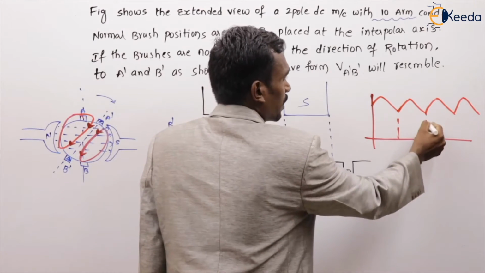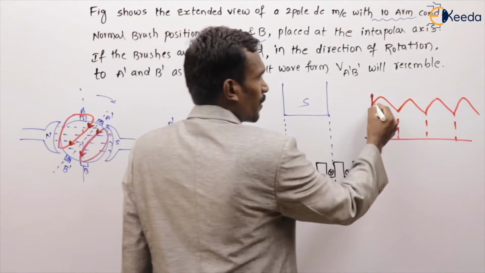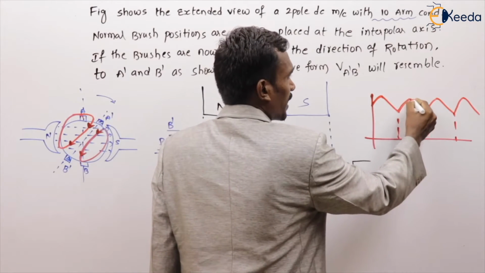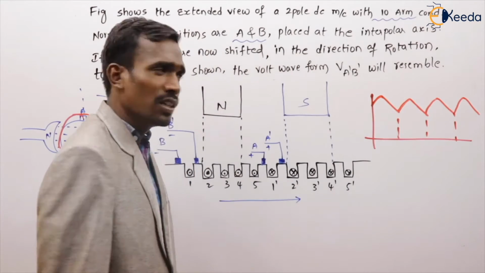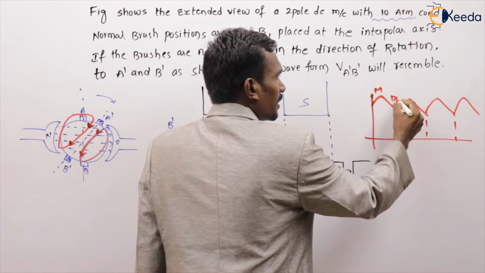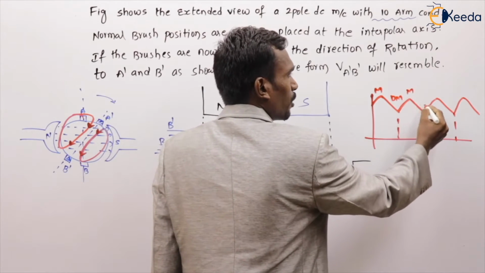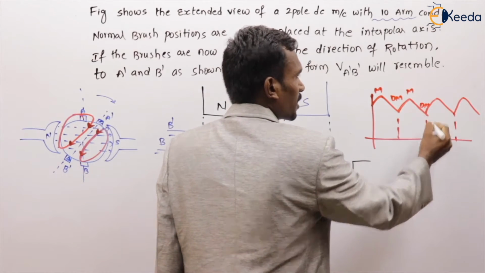The induced EMF should be like this. This is at the magnetizing pole tip, this is at the demagnetizing pole tip, and this is at the magnetizing pole tip, and this is at the demagnetizing pole tip.